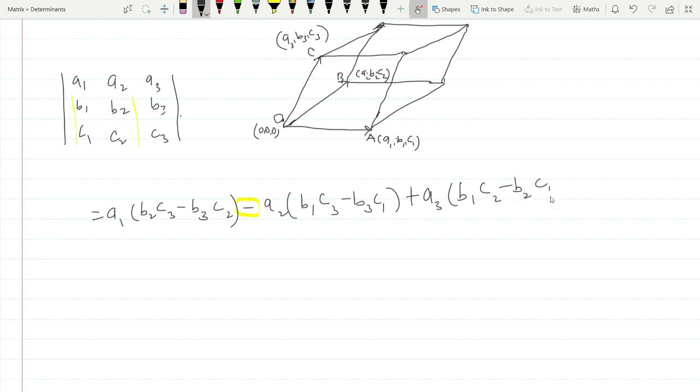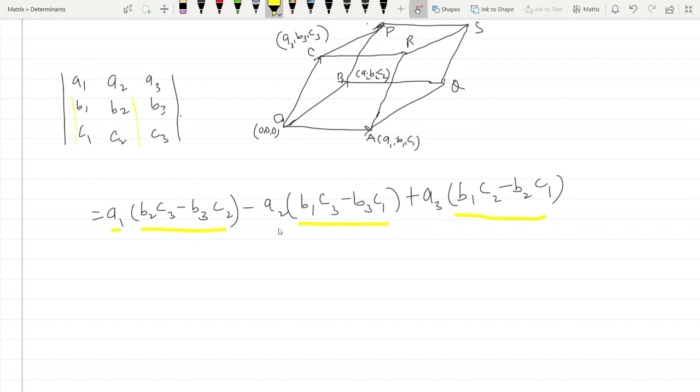Now this value is the area of the parallelogram made by the yz components of vectors OB and OC. This value is the area of the parallelogram made by the yz components of vectors OA and OC, and this value is the area of the parallelogram made by the yz components of OA and OB, or the projection of the area of the parallelogram made by OA and OB vectors on the yz plane.